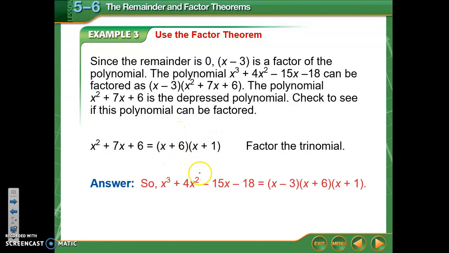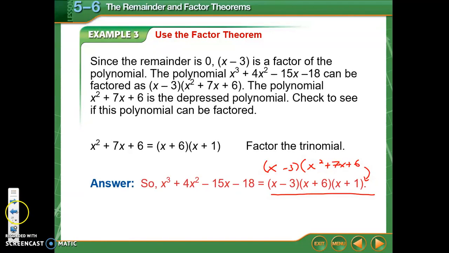So x cubed plus 4x squared minus 15x minus 18 is x minus 3 times x plus 6 times x plus 1. Remember in the step before we had x minus 3 times x squared plus 7x plus 6. x squared plus 7x plus 6 factors into x plus 6 times x plus 1. So this cubic polynomial completely factors down this way.